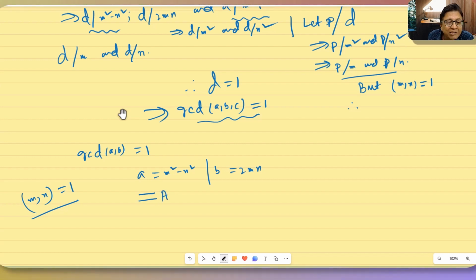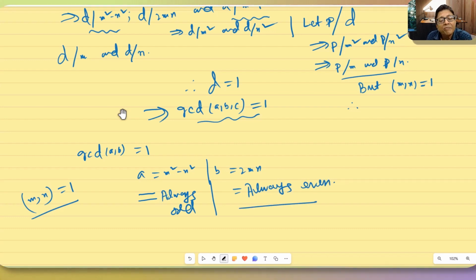A, m square minus n square, one even square minus one odd square is always odd. Now whatever values of m and n you have taken, 2mn is always even. Agree or not? So this implies that A and B, I mean m square minus n square and 2mn, also have different parity. Clear? Hope you have understood.